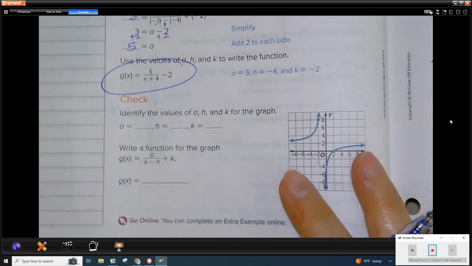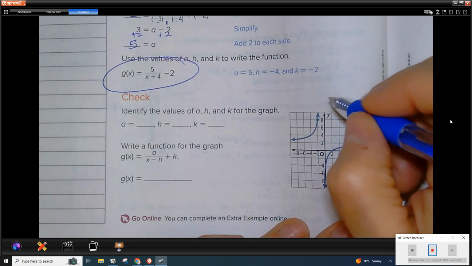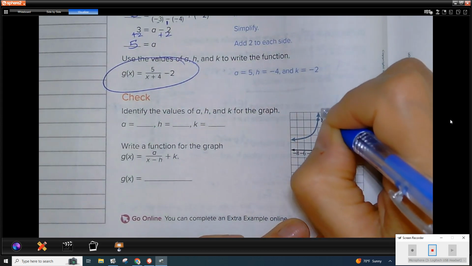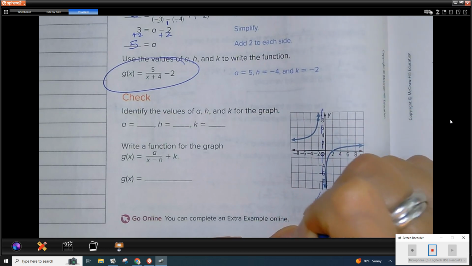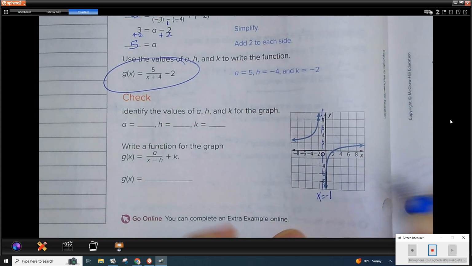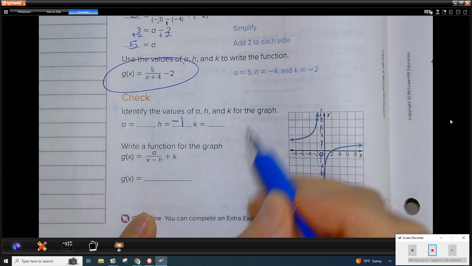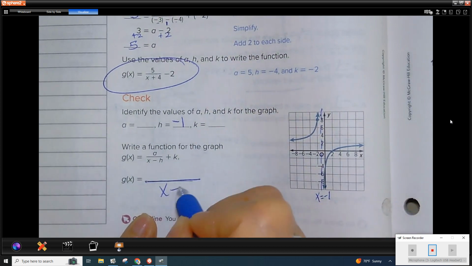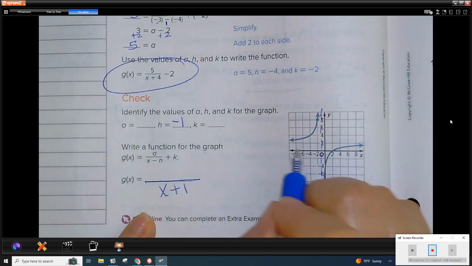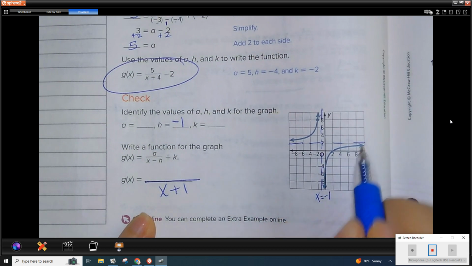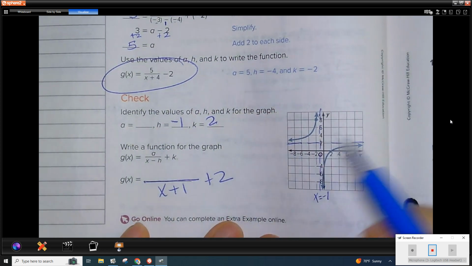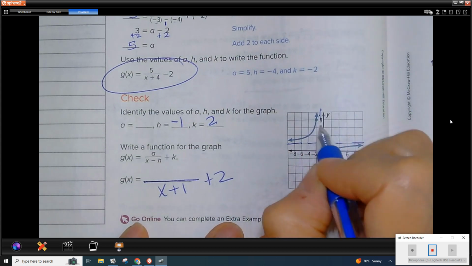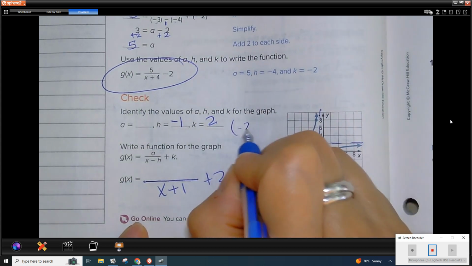Okay, so looking at this one. This is also every 2, so I'm going to guess that my h is negative 1. So I know this is x plus 1. K, it went up 2, so it's a plus 2. Now a, they gave us this point here, so I'm going to use that point, negative 2, 8.